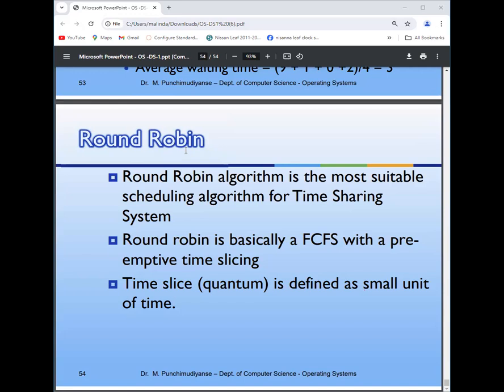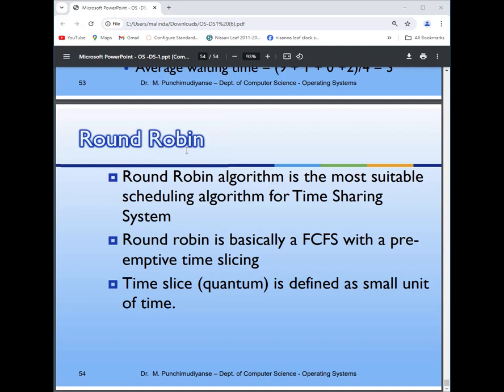So what it does is, instead of giving priorities, shortest jobs and all those things, it gives all the jobs in the queue equal time to run, right? For example, I will give 5 milliseconds of CPU time for all the jobs in the queue. So every job has to make use of that 5 milliseconds given to it, run within that 5 milliseconds, and if more time is needed, it has to wait until it gets the next round of 5 milliseconds, right?